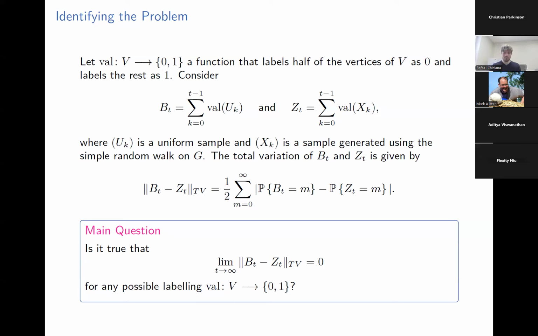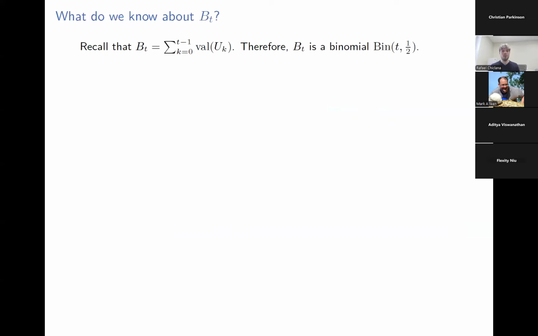Okay, let's start with B_t, which is the easy case. What is B_t? As I said, we consider a uniform sample. Now we assign zeros and ones, and we add all those labels. Since at each step the vertex we are considering is completely random, it will be a 0 with probability a half or a 1 with probability a half.